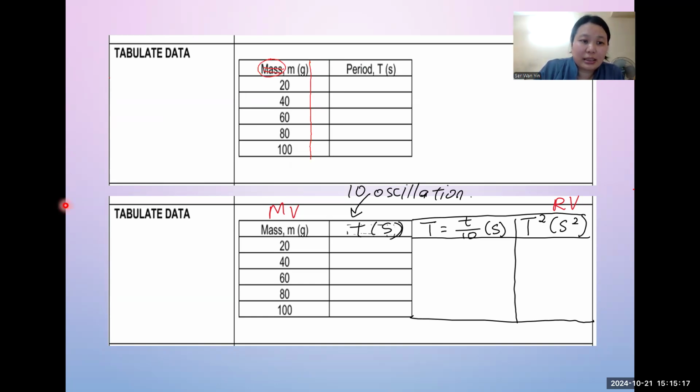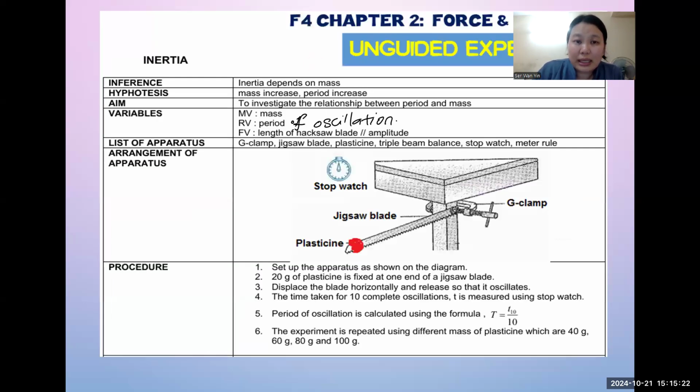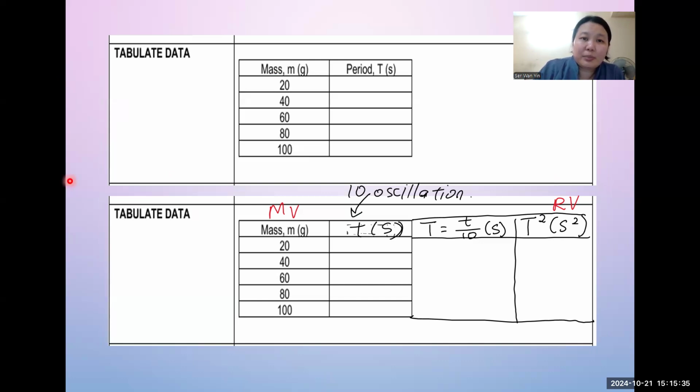That's why I encourage you. So your MV, RV, CV, you write here. M, period is capital T. Actually you no need to write. Physics people, we all like simple. So M bracket g, T, s. In between actually got one more, small t, s.